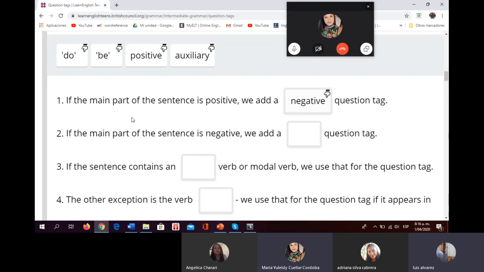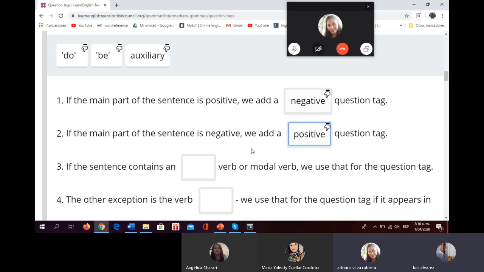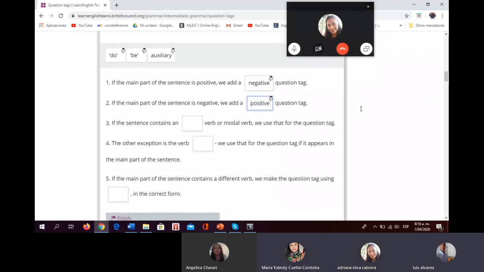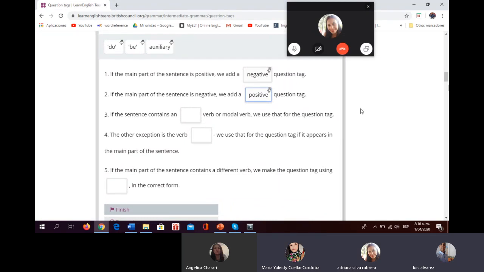Number two, it says for Adriana. If the main part of the sentence is negative, we add a tag question. Positive. All right. And for Maria, if the sentence contains a verb or modal verb, we use that for the question tag. If the sentence contains an auxiliary verb, auxiliary.